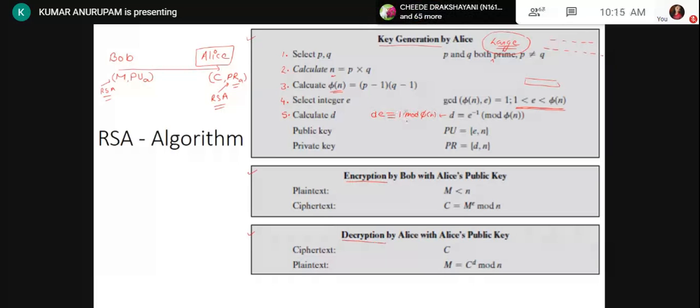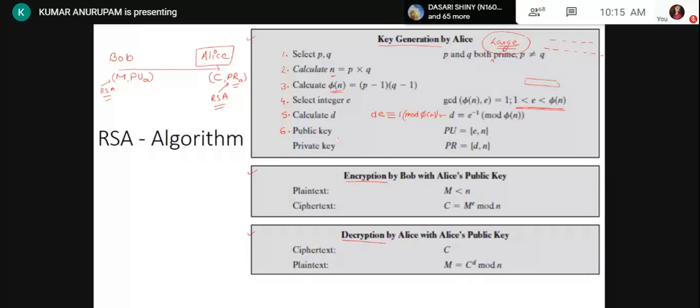Both represent the same thing. If E goes to that side, then D is equal to E inverse mod phi n.